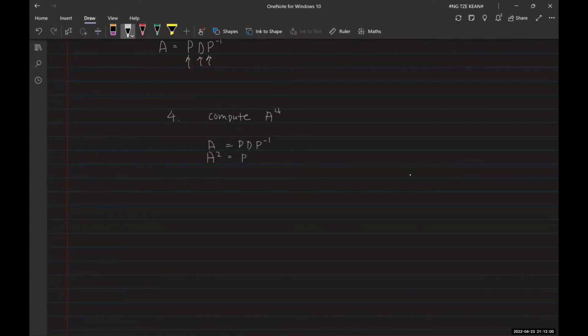So A squared is P D P inverse multiplied by P D P inverse. And from here, we know that P inverse P is the identity matrix. So we have P D squared P inverse.